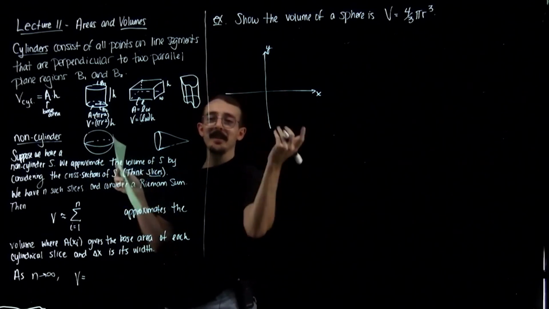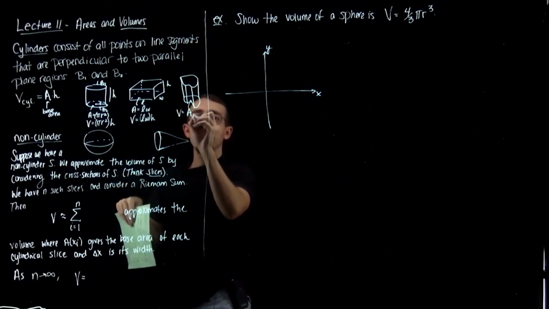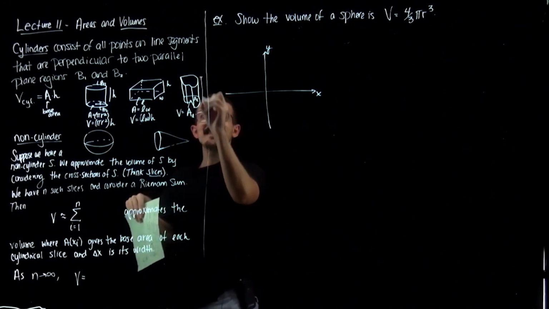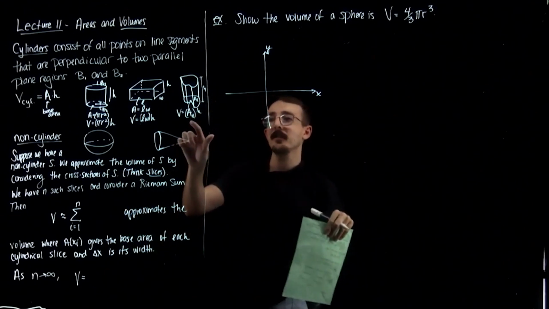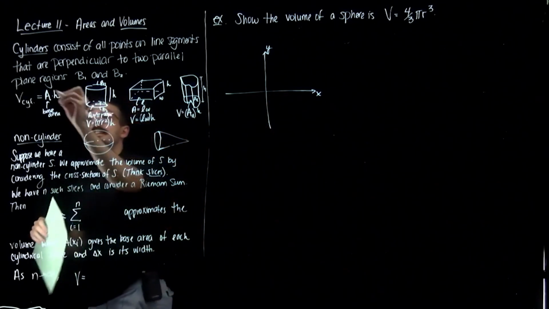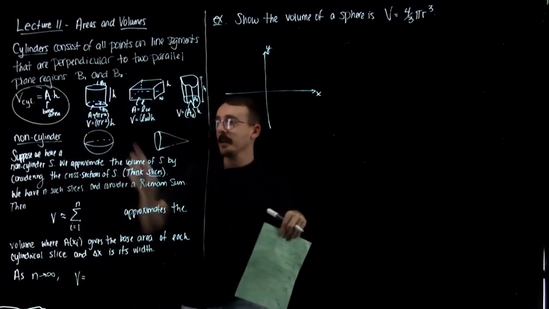You'd have the base area, so we'll just call this one capital A, and that's just this base area, and then whatever its height is, times h. This time I can't give you an area formula for the bottom because it's just some weird shape. So this is the nice case: the volume of a cylinder is always its base area times the height.